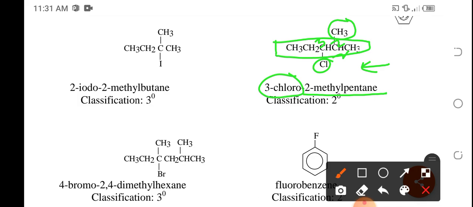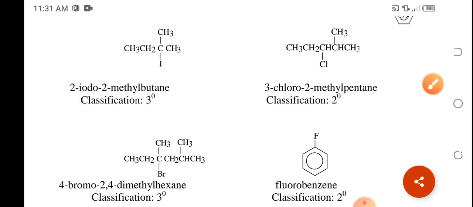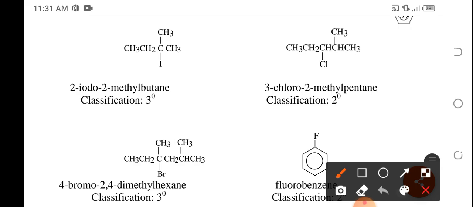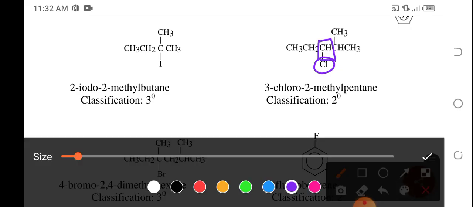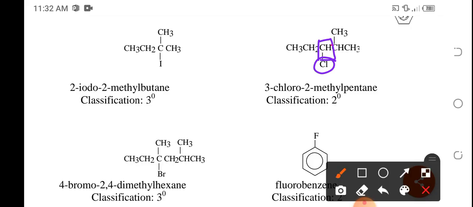That's why it is 3-chloro-2-methylpentane. The classification is secondary because the reference is the halogen being attached to this carbon atom, and that carbon atom has 2 other neighbor carbon atoms, so therefore that's secondary.